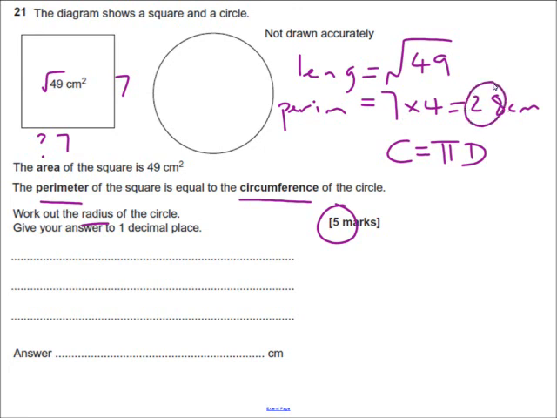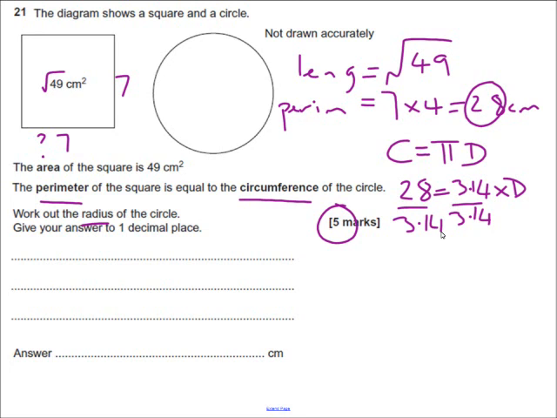We know the circumference has to be 28 because it's the same as the perimeter of the square. So 28 is equal to 3.14 times the diameter. Now, we want the diameter on its own, so we divide both sides by 3.14.